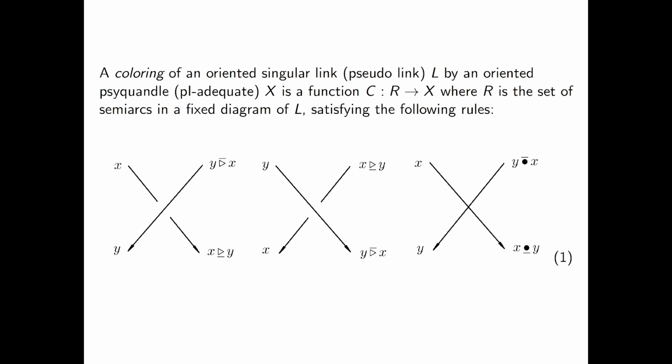So here, if you're looking at a singular link, then it would be a singular crossing here. So we would put a point to indicate that this is a singular crossing. If you're dealing with a pseudolink, then it would just remain undecorated.